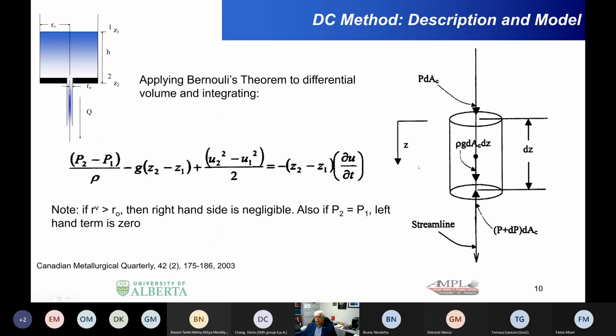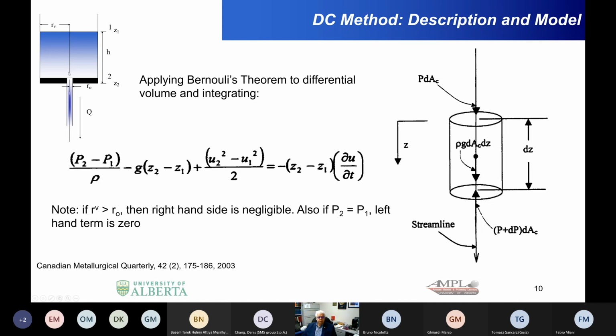So let's look at the discharge crucible method and what the principles of the technique really are. Imagine you've got a crucible or a container of some dimension, and you put a small orifice or a small hole in the bottom of that crucible, and you allow the fluid to flow.